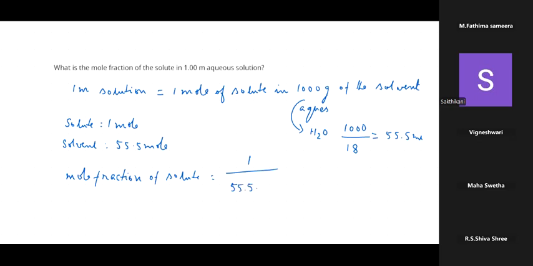So it is 1 by 56.5, which is equal to 0.0177. So 0.0177 is the mole fraction of the solute in 1 molal aqueous solution.